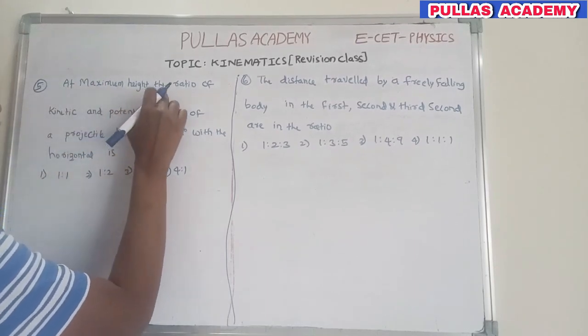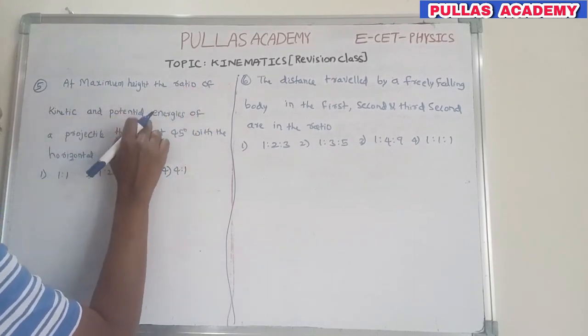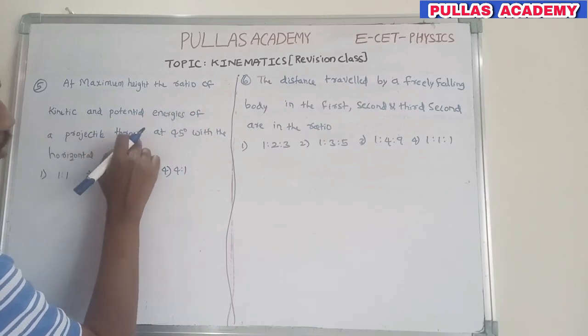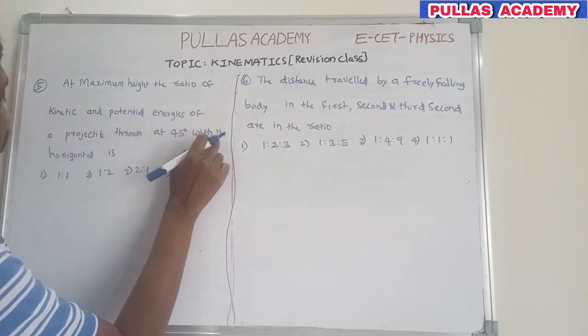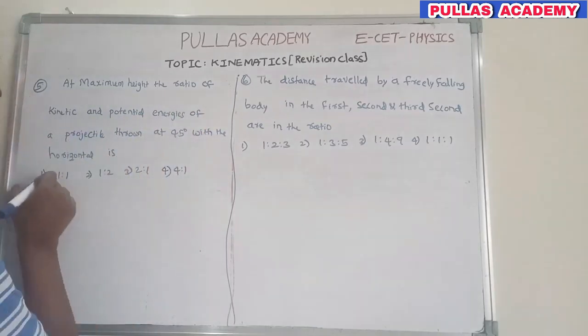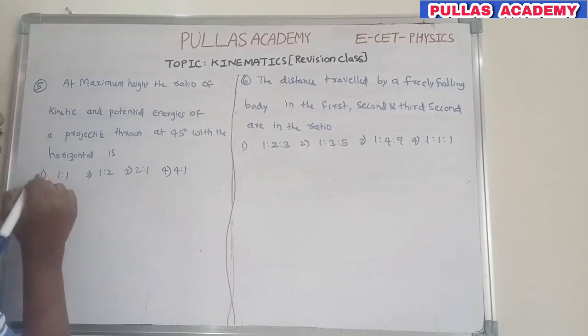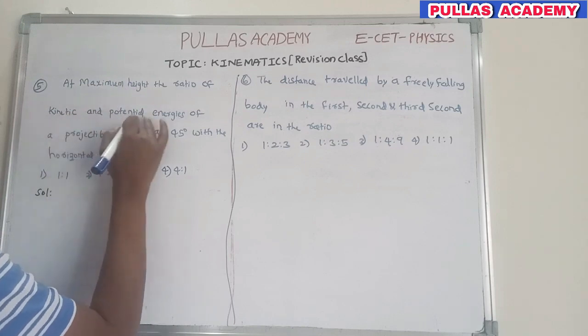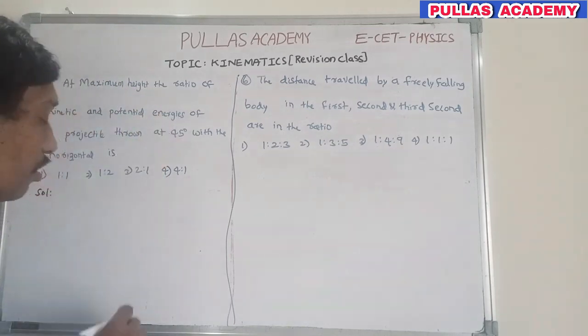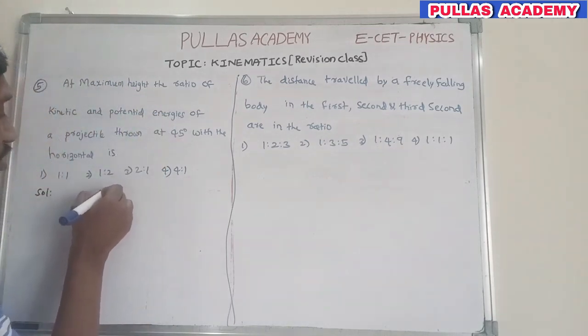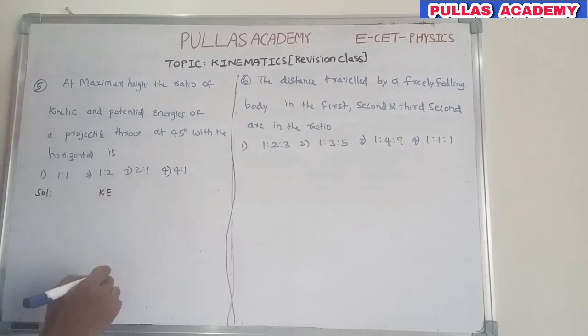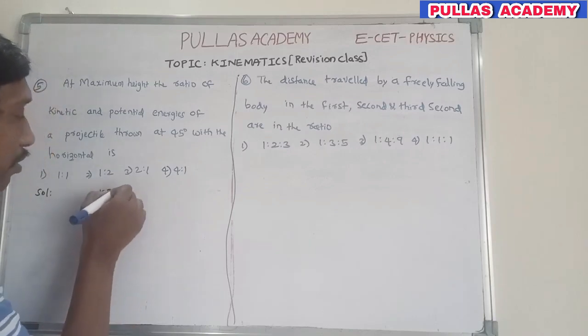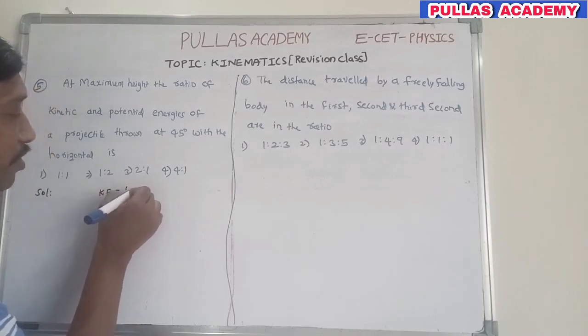At maximum height, the ratio of kinetic and potential energies of a projectile thrown at 45 degrees with the horizontal. That's the question. At maximum height, the ratio of kinetic and potential energies. The kinetic energy expression is half m v square.